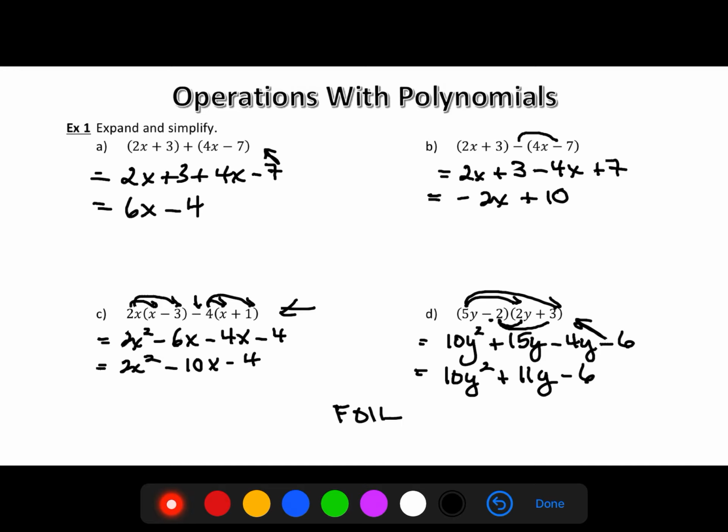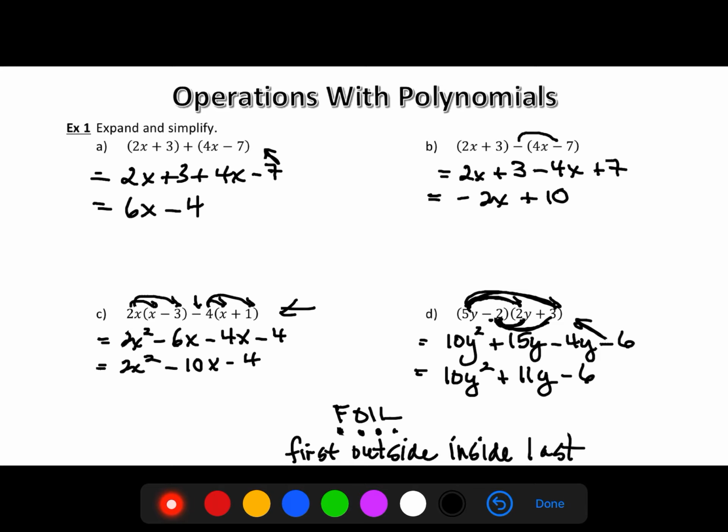FOIL. So we can think about it as our first terms in each bracket multiplied together, which is our F, our outside terms multiplied together, which is our O, our inside terms, and our last terms in each set of brackets. So first, outside, inside, and last.